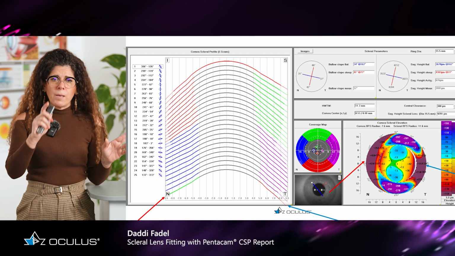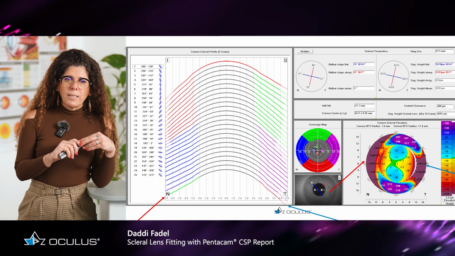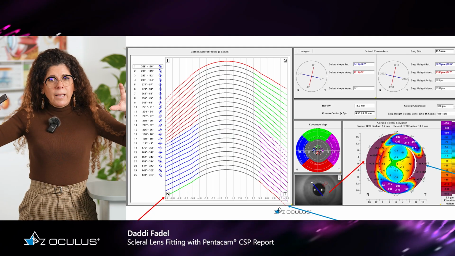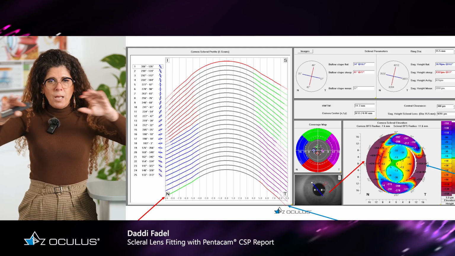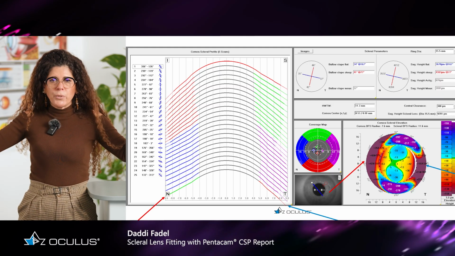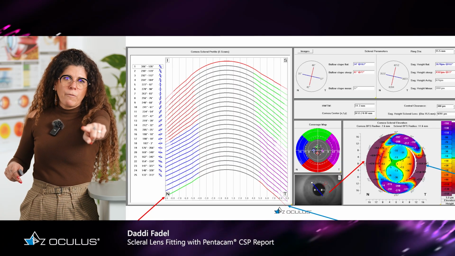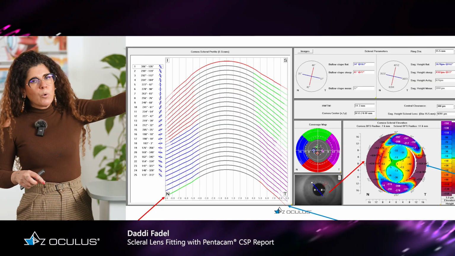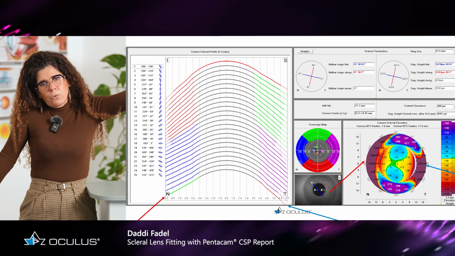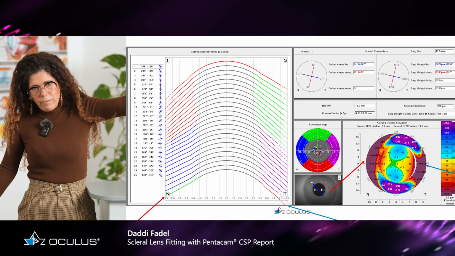What is very important to look at in cases where you have significant asymmetry in the same meridian between the two opposite quadrants is that you will see in the corneal scleral profile how the nasal area is more elevated compared to the temporal area that is lower in elevation.